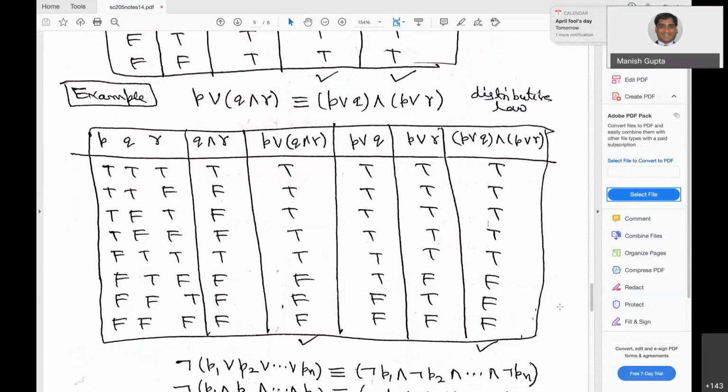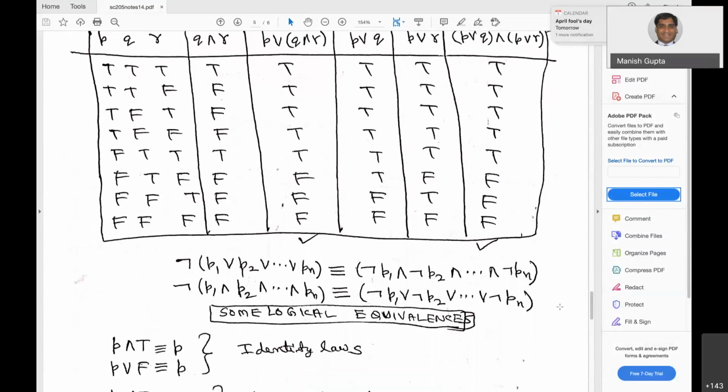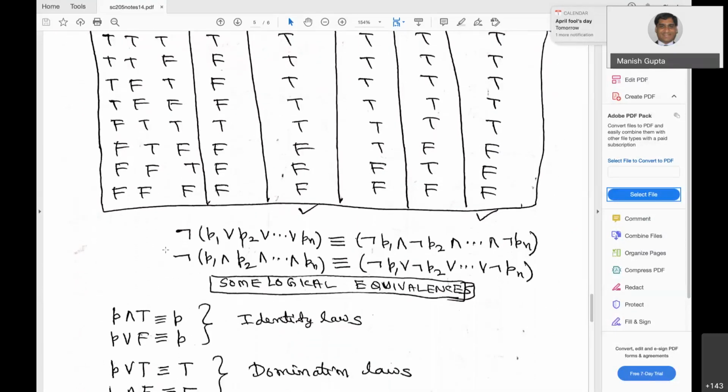Similarly, we can generalize these laws: negation of P1 join P2 join ... Pn is the same thing as negation of P1 meet negation of P2 meet ... meet negation of Pn, and so on.